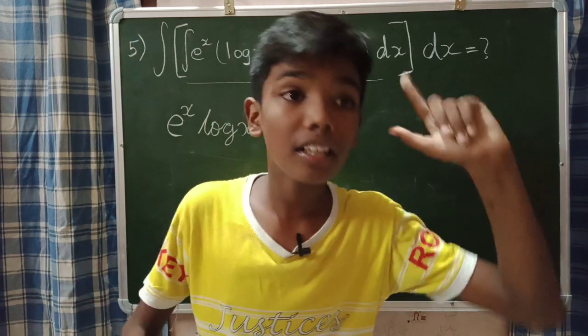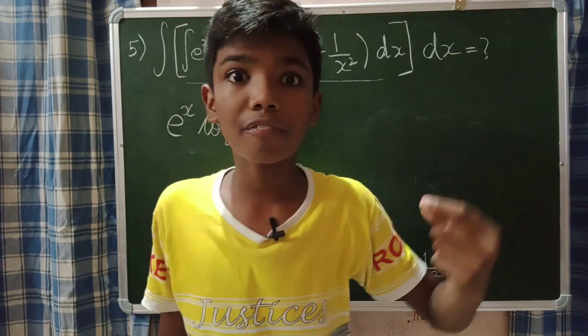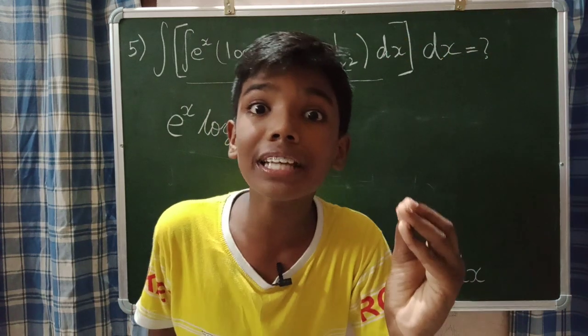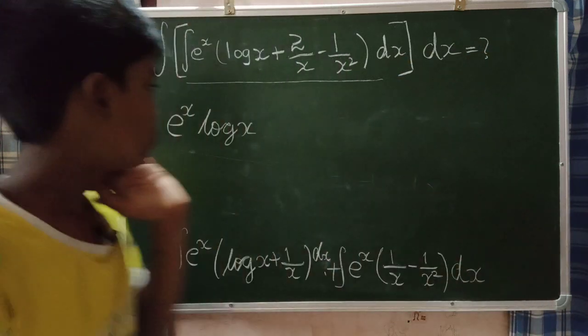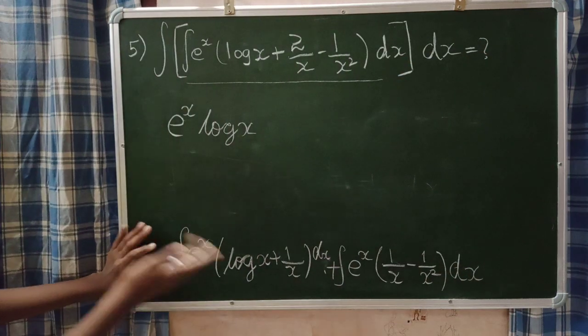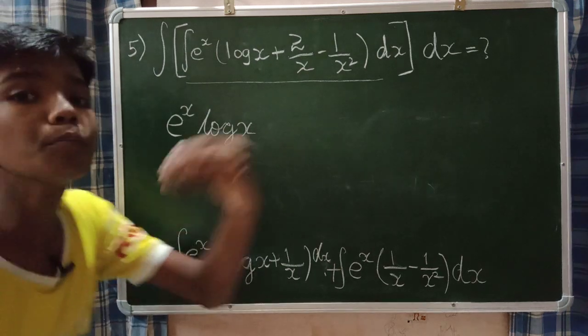In that formula f of x plus f dash of x, you need to take e to the power of x into f of x. So here f of x is log of x, so it is e to the power of x log of x plus some constant c.